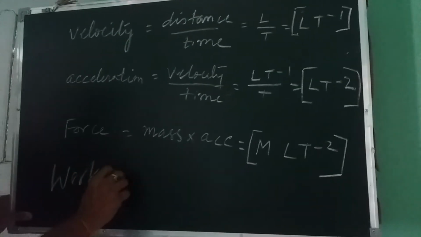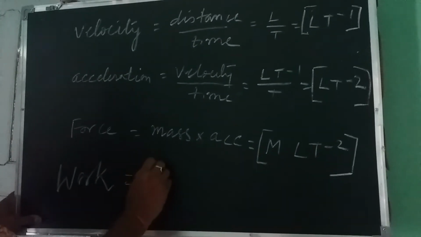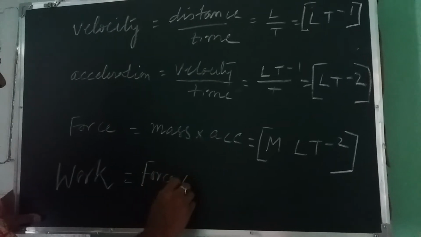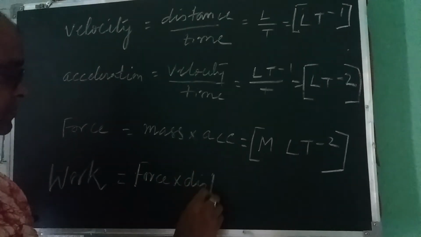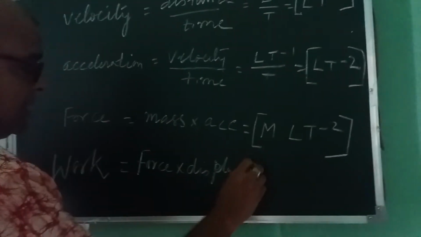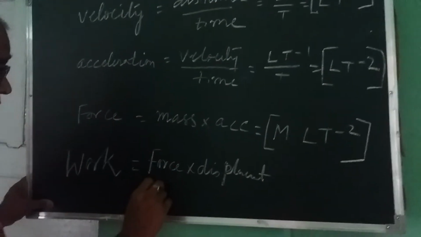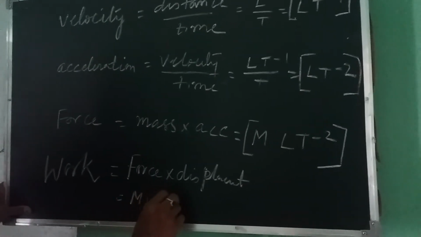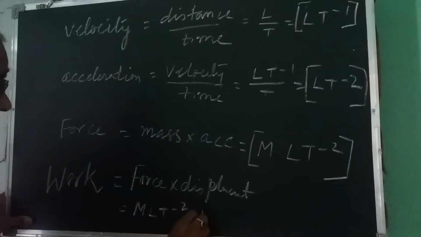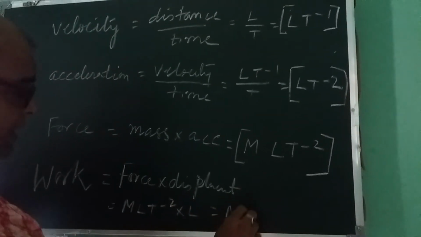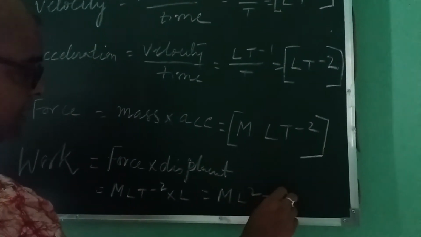What is the dimension of work? Work is equal to force into displacement. Dimension of force is M L T to the power minus 2 into L, that is M L square T to the power minus 2.